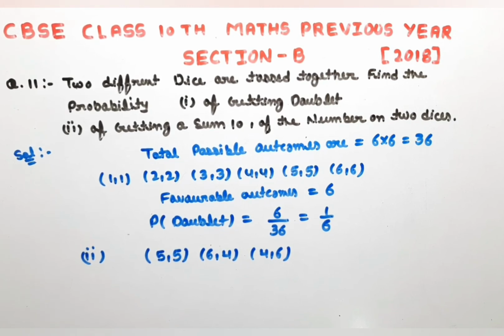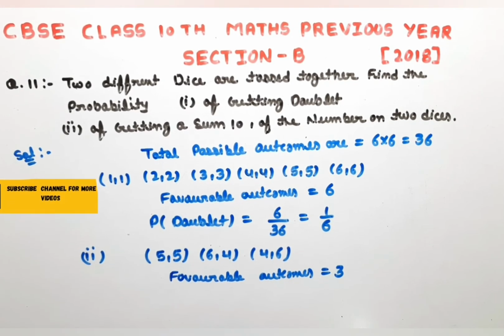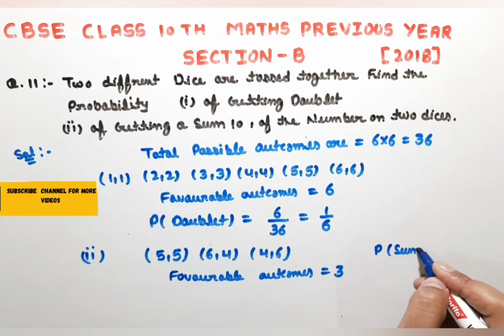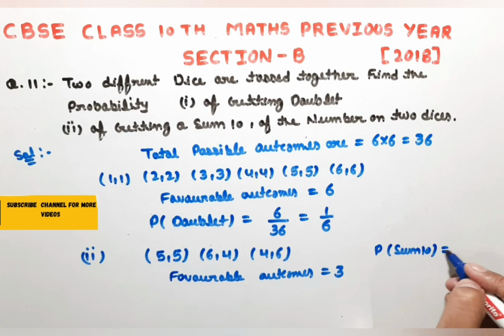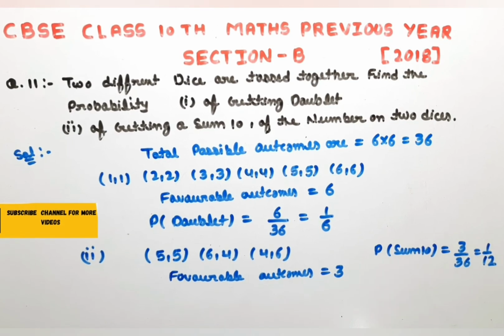So favorable outcomes are 3. So probability of sum 10 will be 3 upon 36, that is 1 upon 12. This is our answer.